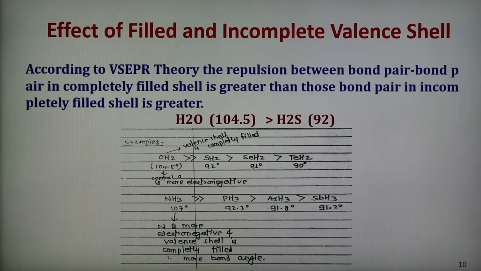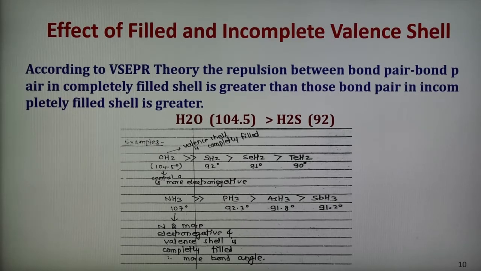So remember that in the effect of filled and incomplete valence shells, as per VSEPR theory, the repulsion between bond pairs in a completely filled shell is greater compared to those in an incompletely filled shell. So the bond angle in a completely filled shell is greater. Greater repulsion means a greater bond angle.